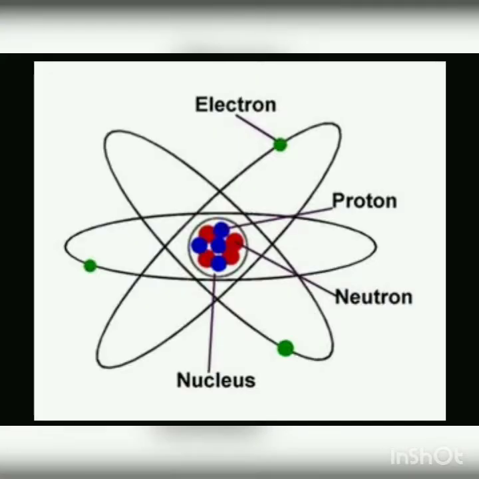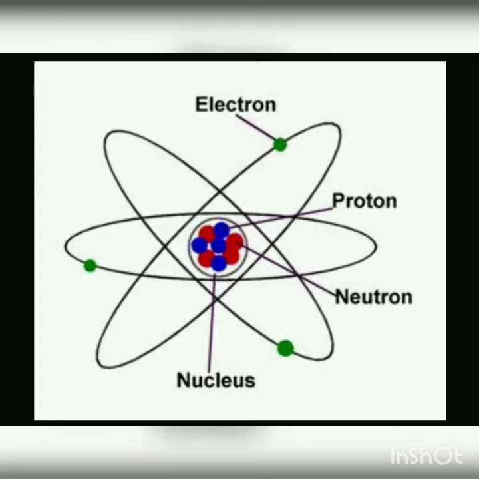The formation of cathode rays has already shown that all the atoms contain negatively charged particles called electrons. Now, an atom is electrically neutral, that we know. So it must contain some positively charged particles which balance these negatively charged particles called electrons.